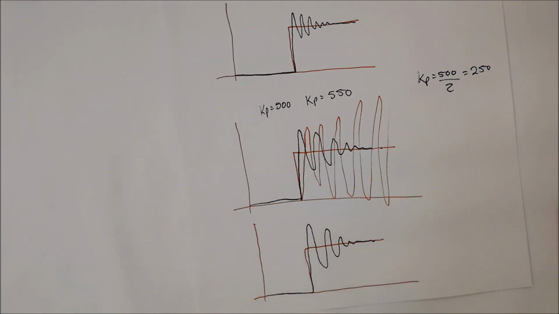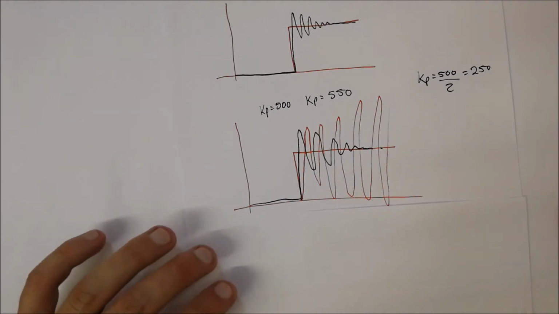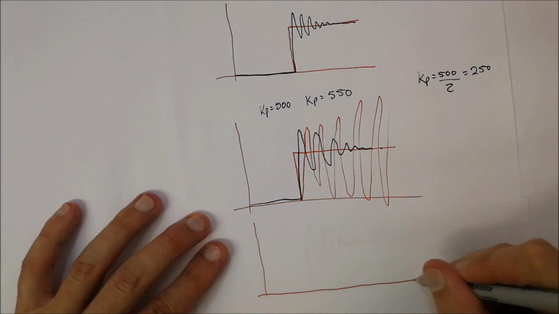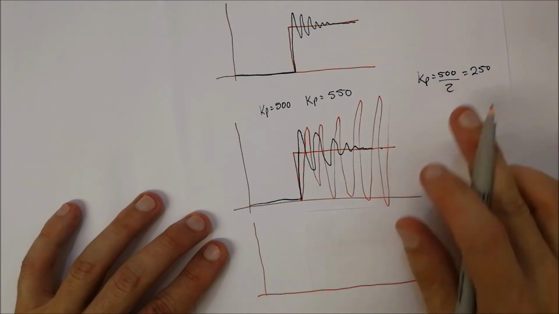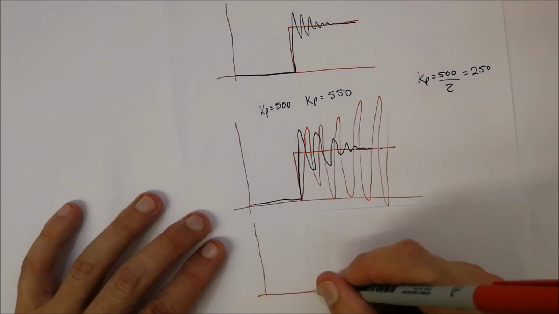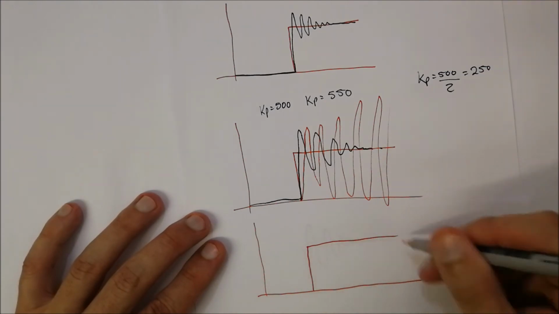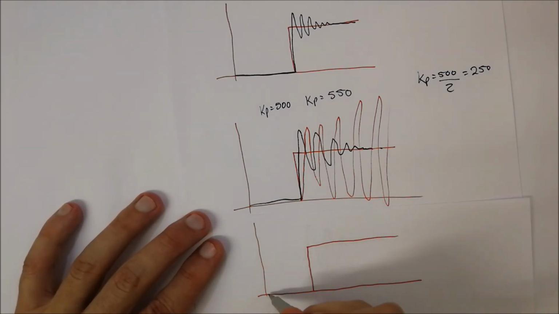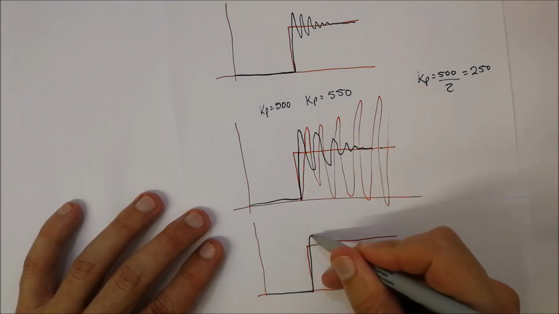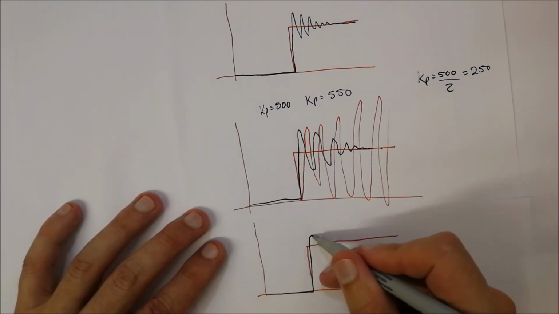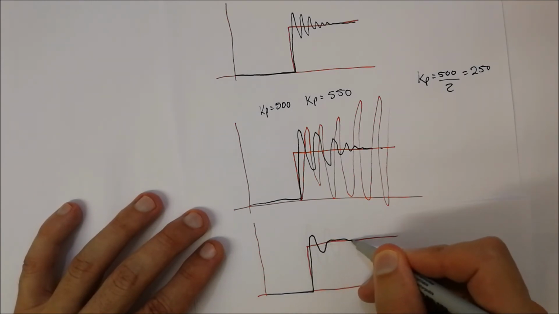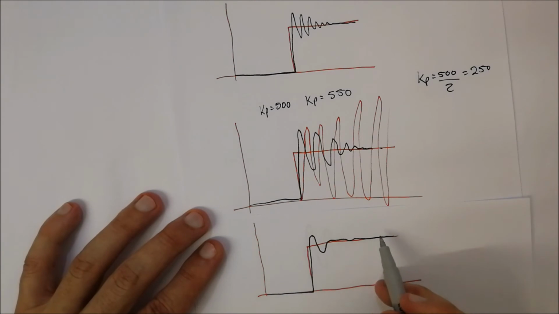What's probably going to happen, because we've halved the value of 500, is that it will go up, it might overshoot only a little, and then eventually it will go to the set point.